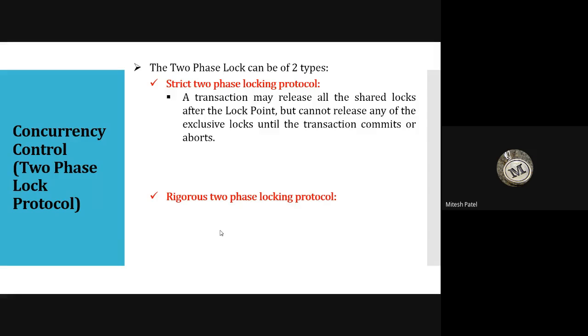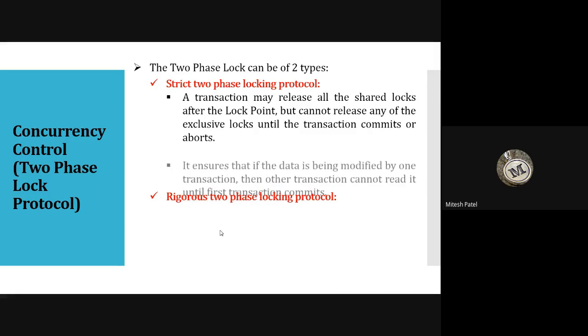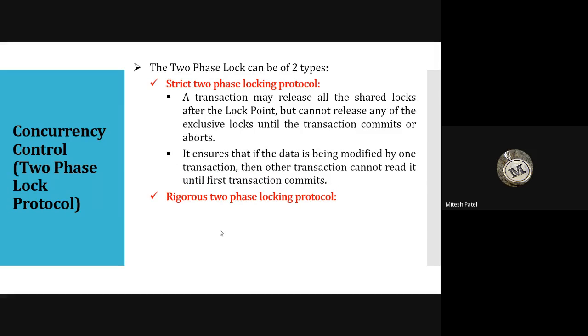Until the transaction commits or aborts, we can release only shared locks, not exclusive locks. That type is known as the strict two-phase locking protocol. It ensures that if data is being modified by one transaction, then another transaction cannot read it until the first transaction commits. That we have discussed earlier.